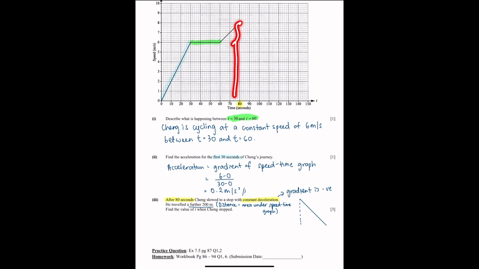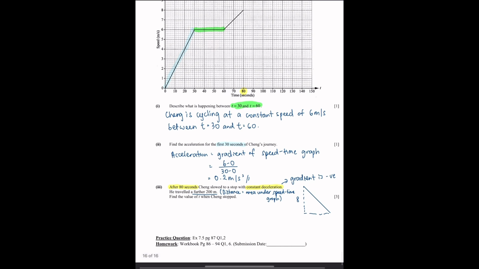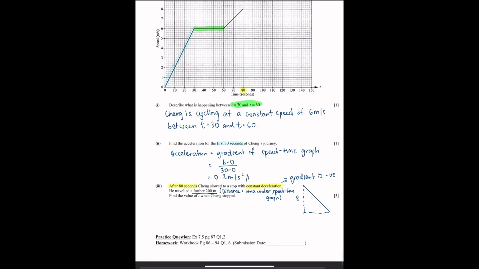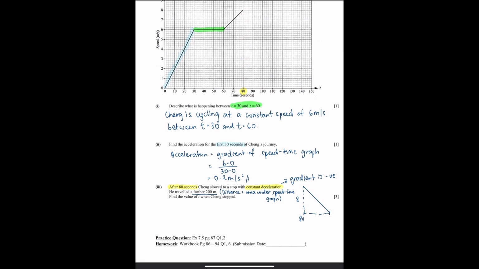Do note that the height here is 8. So let me write here 8. What about the base? I do know I need to continue from here, which means it's from 80 to a certain value t. I don't know what this t is, I need to find it. So this is from 80, then t.